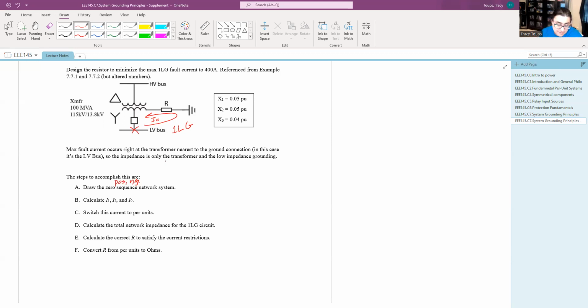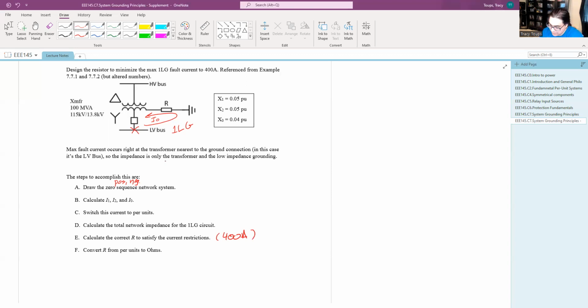We're going to combine impedances together into a simplified circuit. Then we're going to calculate the correct resistance R to satisfy the current restriction of, remember, 400 amps. And lastly, this resistance will be in per unit because most of our work is in per unit, so we're going to have to convert it back to regular ohms for the final result. So these are steps A, B, C, D, E, F.